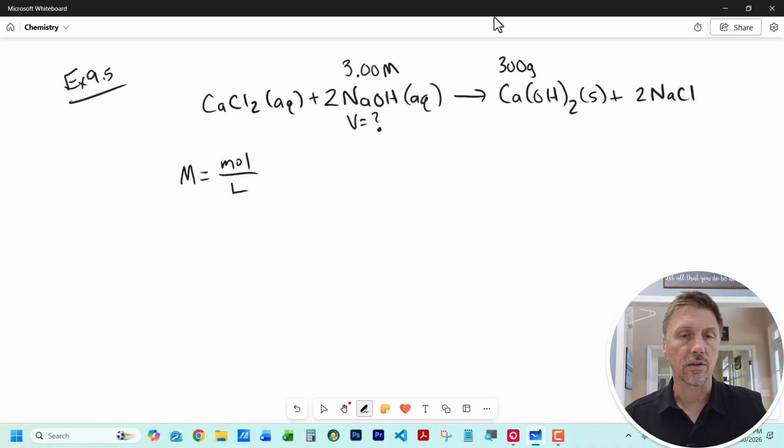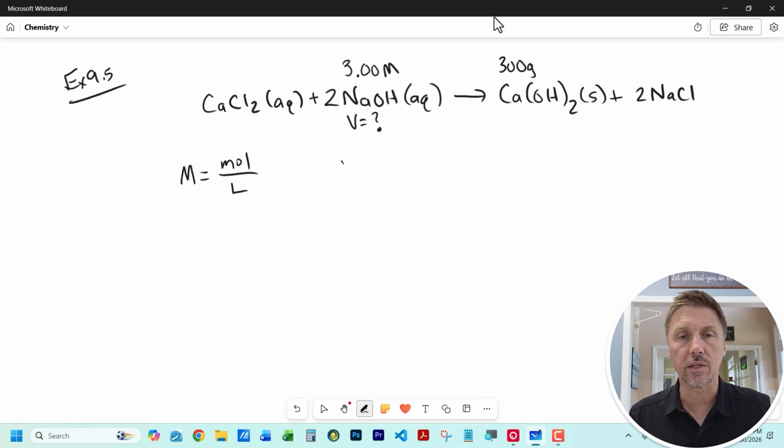So again, our stoichiometry path says that we can go from grams of substance A. This time our substance A is going to be our Ca(OH)2. So I'm actually going to write that down. Grams of Ca(OH)2. All right. We can go from grams of that to moles of that, moles of substance A, Ca(OH)2.